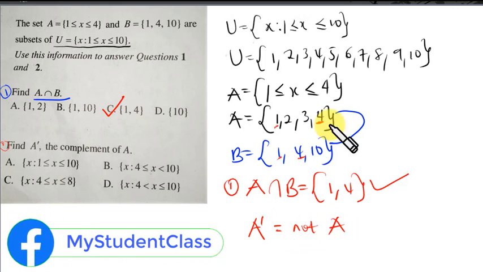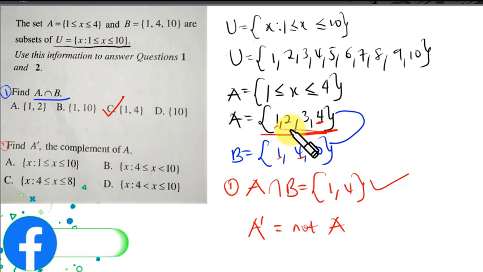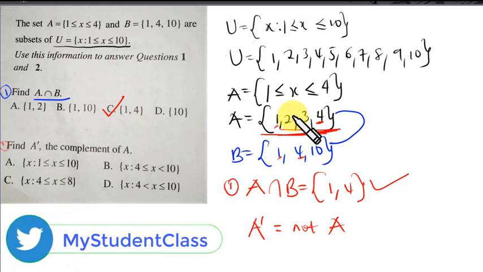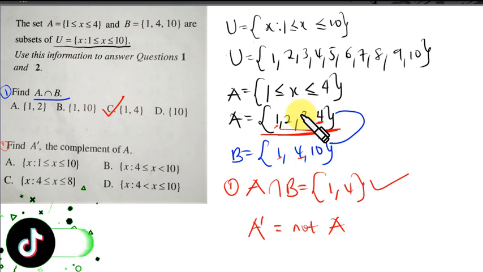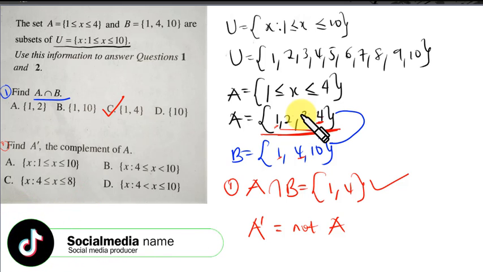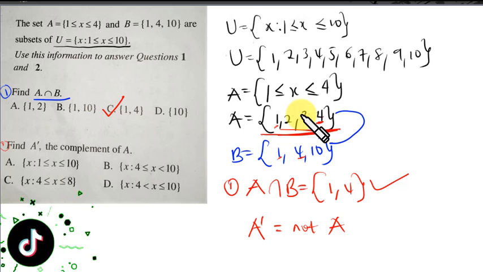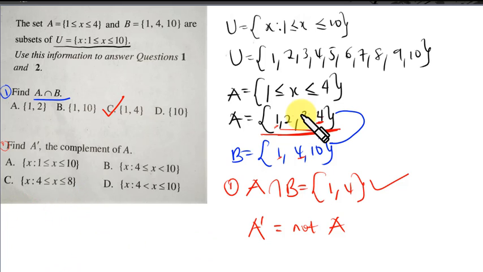So that is A, the set of elements in A, that is 1, 2, 3, 4. So what are the set of elements that are not in A as far as the universal set is concerned? Because A complement means the set of elements in the universal set but not in the set A. So A complement is going to be, of course, in A we have 1, we have 2, we have 3, we have 4, but we don't have 5, we don't have 6, we don't have 7, 8, 9, 10.